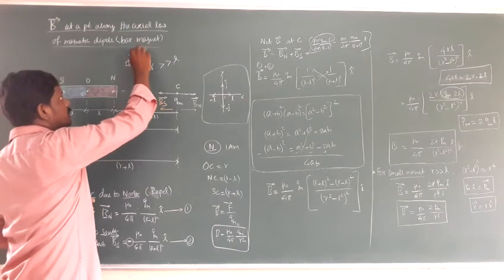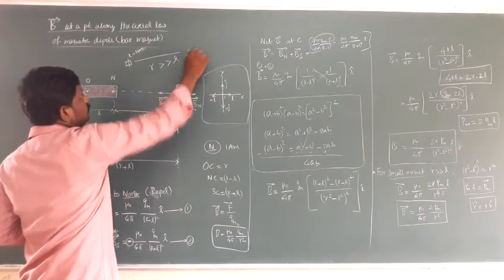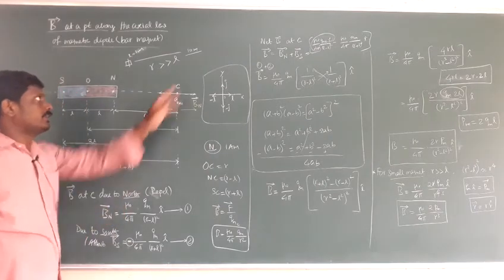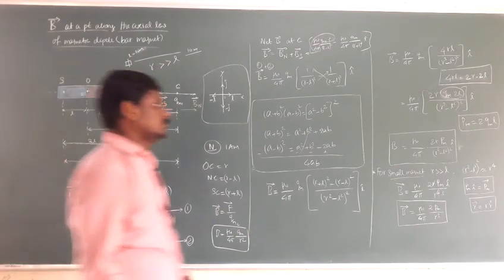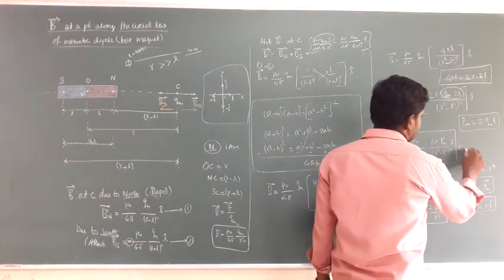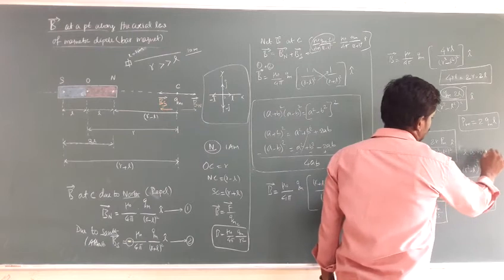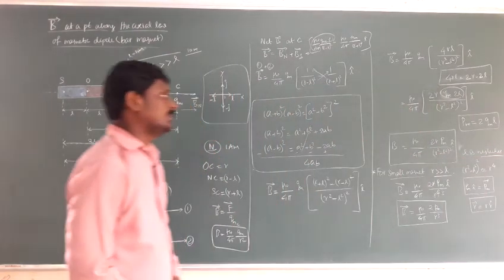We will take it as 1 centimeter. The length r is 10 meter. So compare the two values. So 10 meter is greater than 1 centimeter. So that r is greater than l. That l is neglected. So these things we have discussed already in the first lesson, electrostatics.